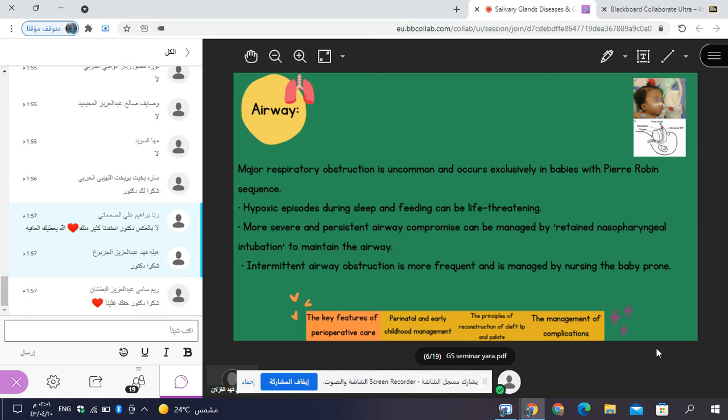This is why they will come with major respiratory obstruction. In this case, there will be hypoxic episodes during sleep and feeding, which are life-threatening and need to be treated immediately. The treatment is retained nasopharyngeal intubation.